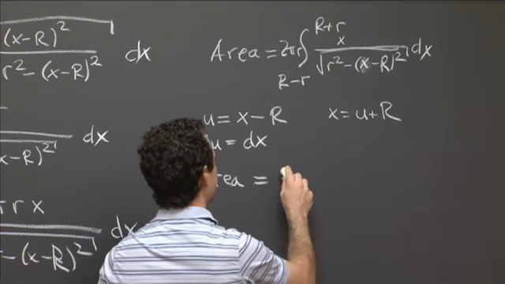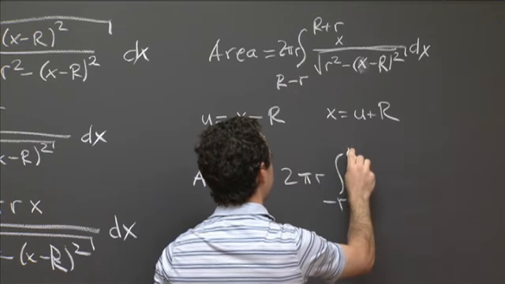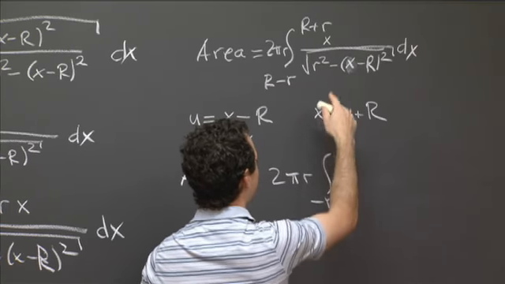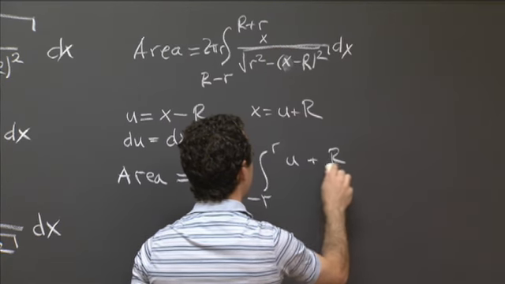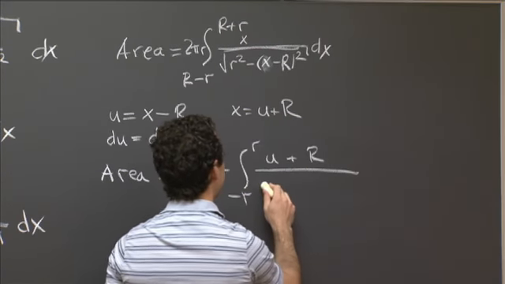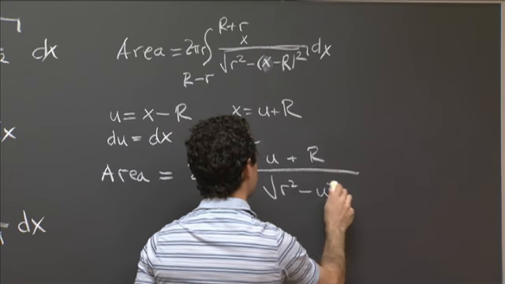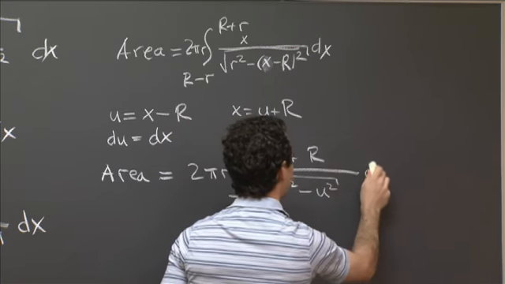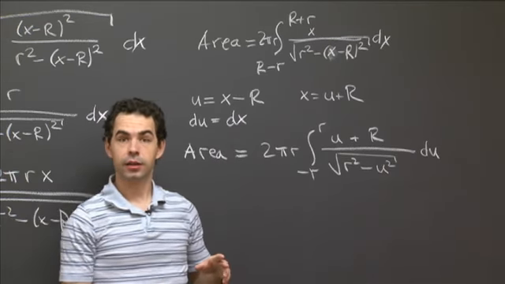So let me just make that substitution. The area is 2 pi little r times the integral from minus little r to plus little r of (u plus big R) divided by the square root of little r squared minus u squared, du. OK, all right.